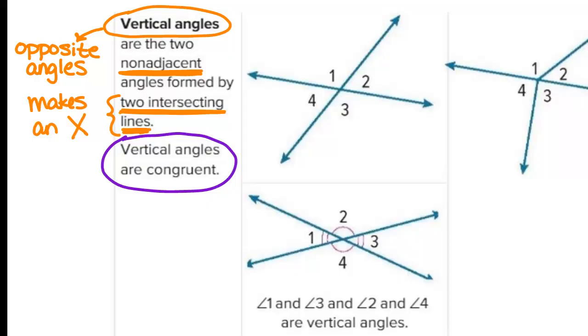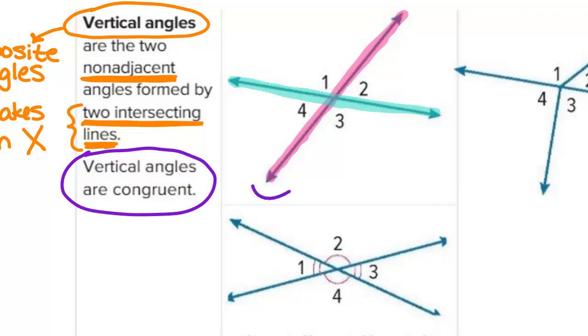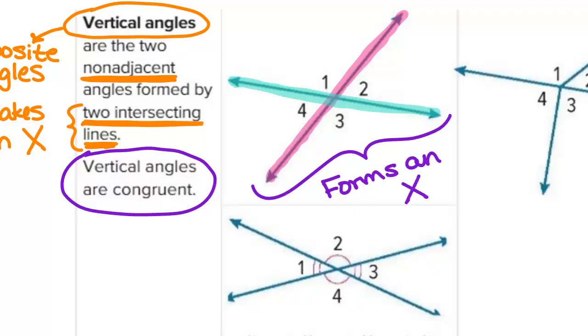So if you look at our example side, I have one straight line here. And then over here I have another straight line, forms an X. And so I have vertical angles in this picture.